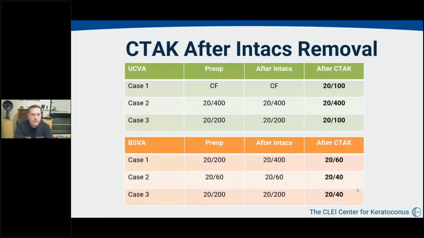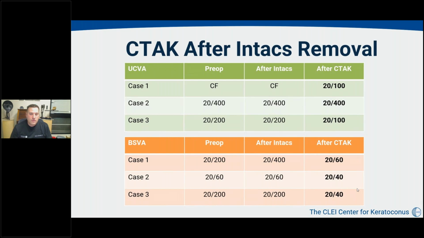And I have done this in 3 different patients where I took out their Intacts and replaced them with CTAK. All were patients who really didn't get the Intacts result they were looking for. And you can see that they were very similar cases. Their uncorrected vision really didn't change from placing the Intacts almost at all. And in most cases, their spectacle correction didn't change, or as I showed you in the first case, it actually got slightly worse.